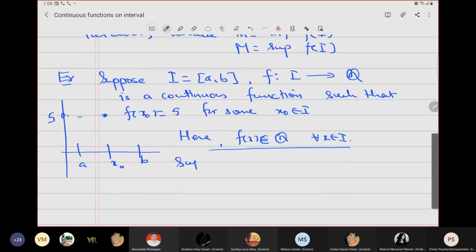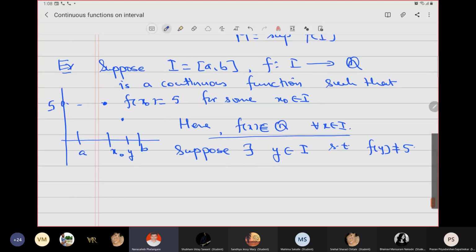Suppose there exists y belonging to I such that f(y) is not equal to 5. Suppose there is a point y at which the value is different from 5, right? Given that x0 is in I and f(x0) is 5, correct? But there is y at which the value is not 5.